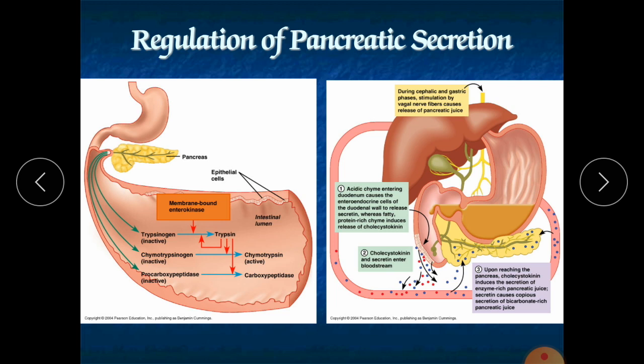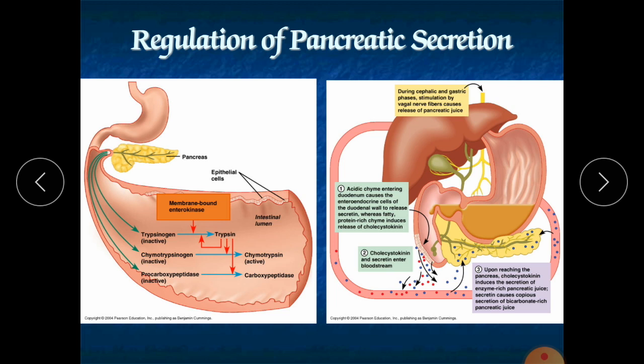As we know, pepsinogen is released into the stomach in inactive form. It is converted into pepsin, which is the active form, and only this active form is responsible for breakdown of proteins in the stomach. It is just like that in the pancreas also.